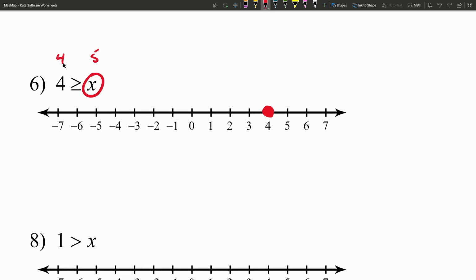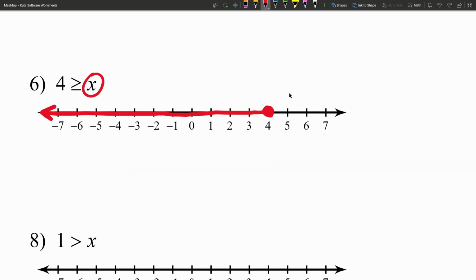Is 4 greater than or equal to 5? No, it's not. So we don't want to shade to the right. We want to shade to the left. X could be values of 3, 2, 1, and all of those negative values as well, because 4 is greater than or equal to x, meaning that 4 is larger than all of these values, which represent my variable.